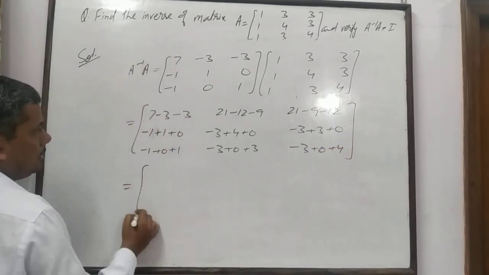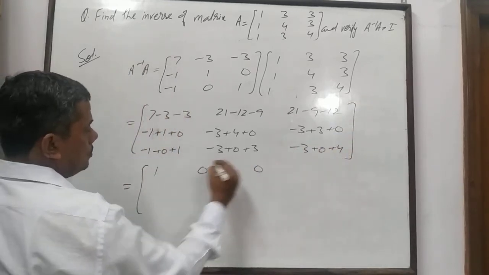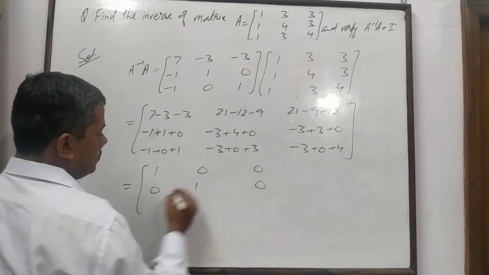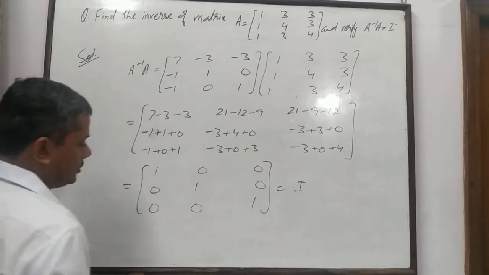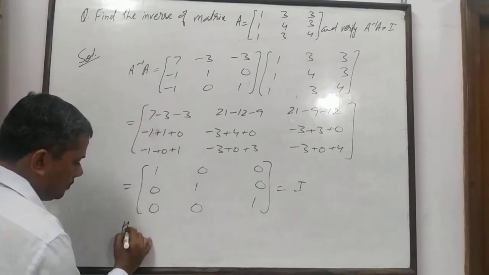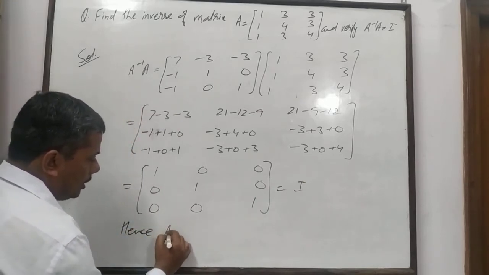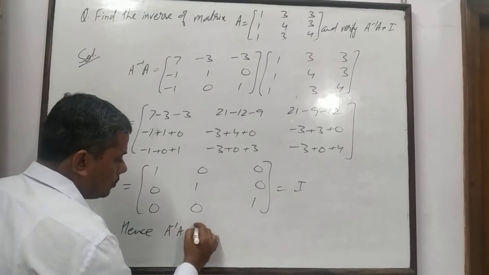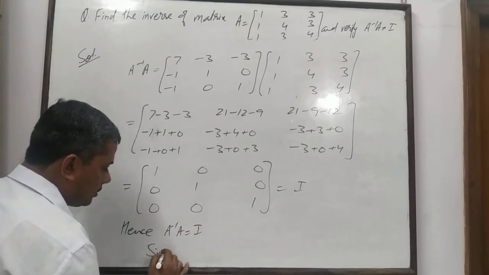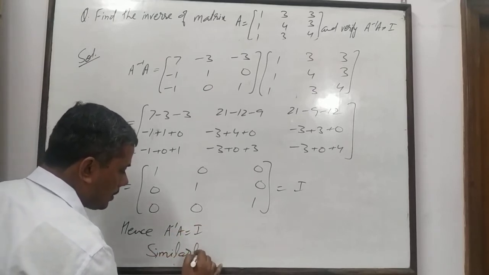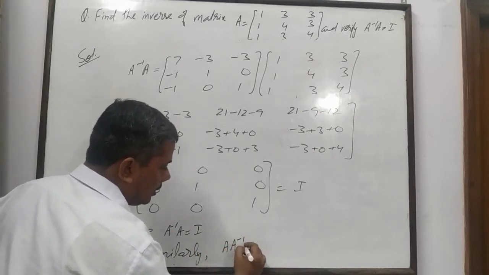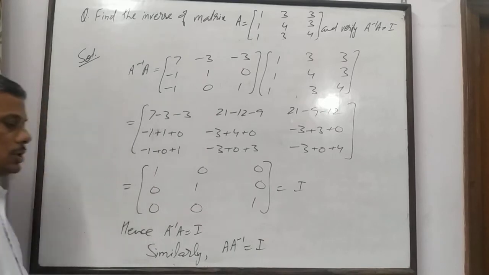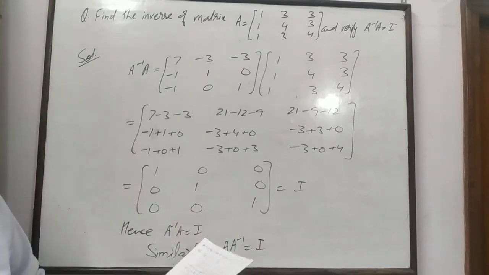That comes out to be [1 0 0; 0 1 0; 0 0 1], which is an identity matrix. Hence, A inverse A is equal to I. Similarly, you can show that A A inverse is also equal to I. That I leave up to you.